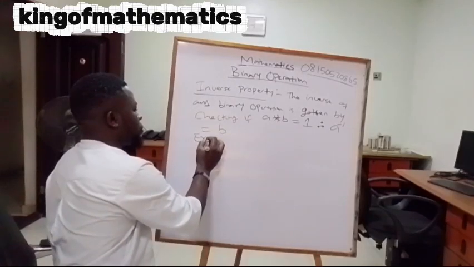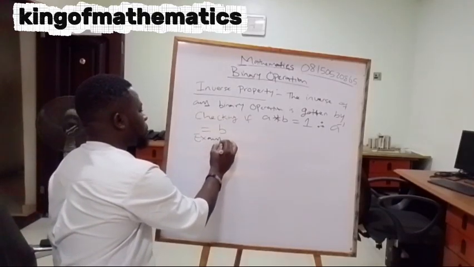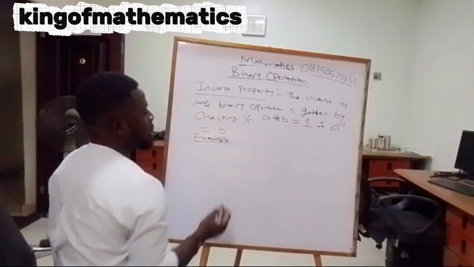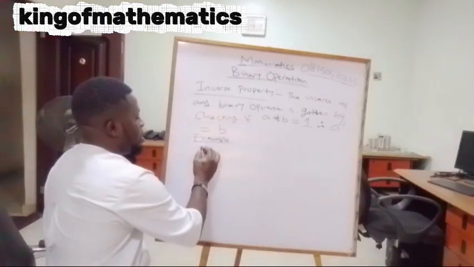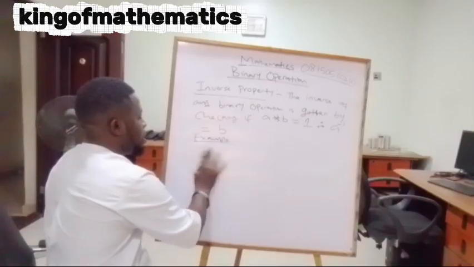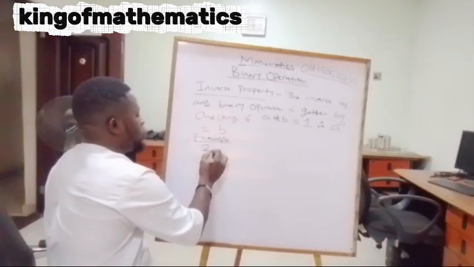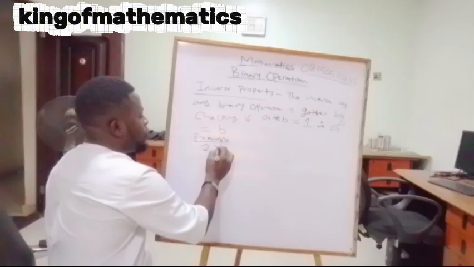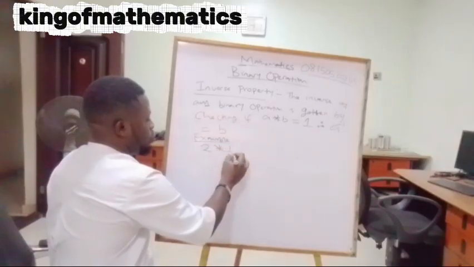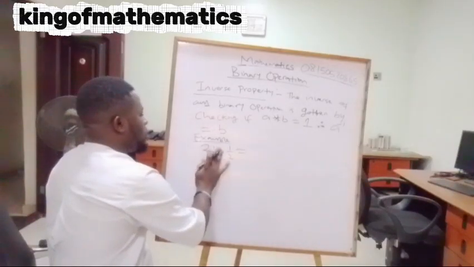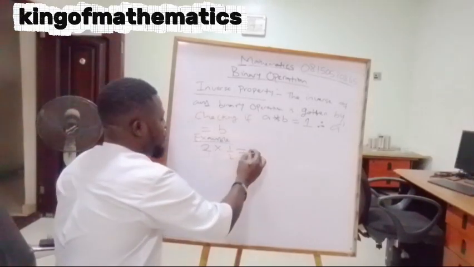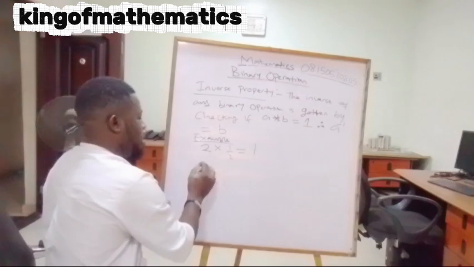Example. If I have 2 operation 1/2, that is 2 times 1/2, I know that is equal to 1.